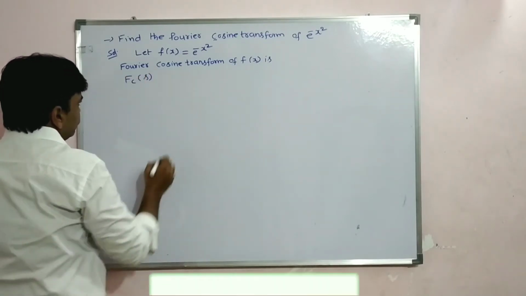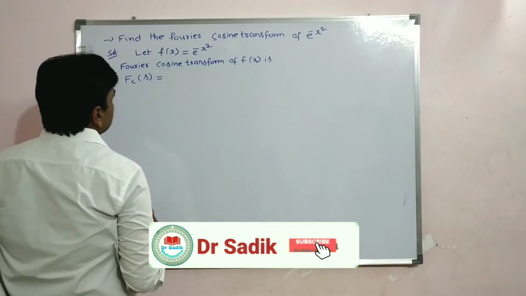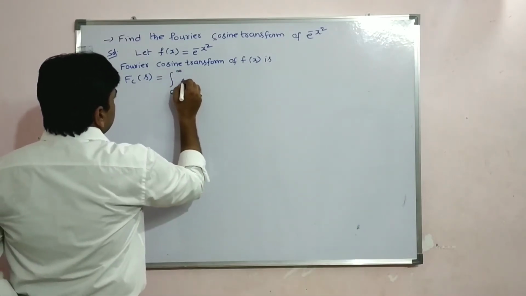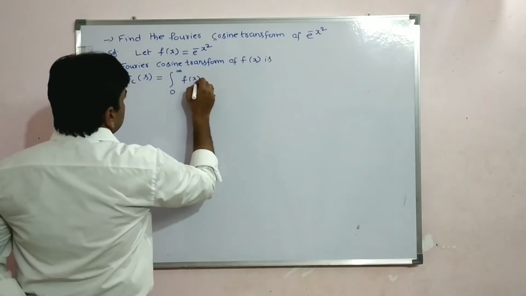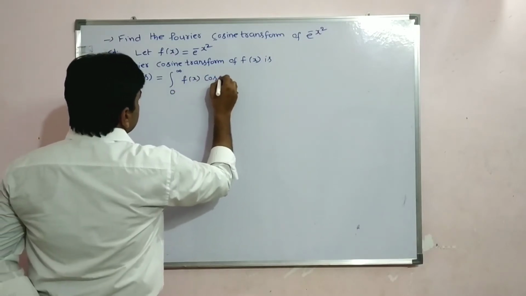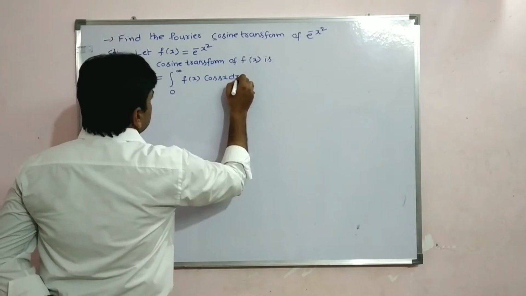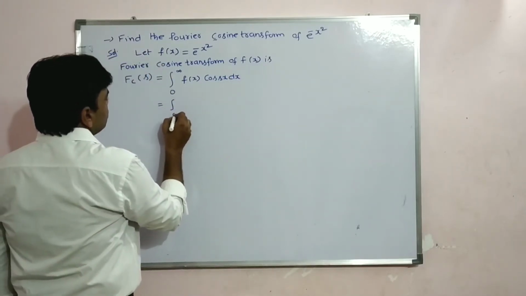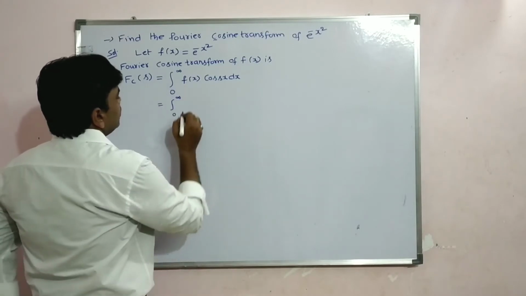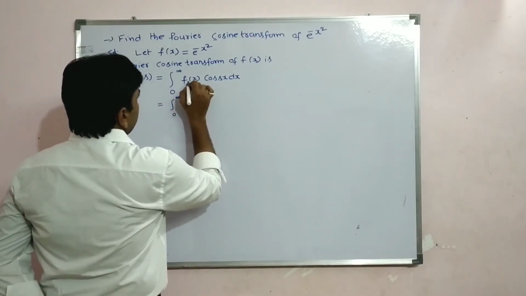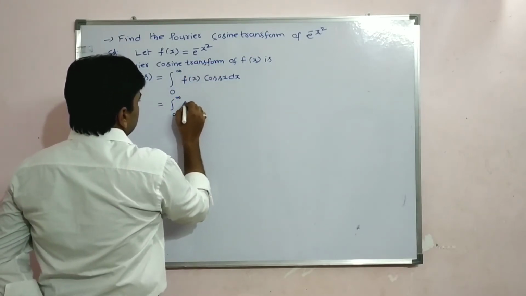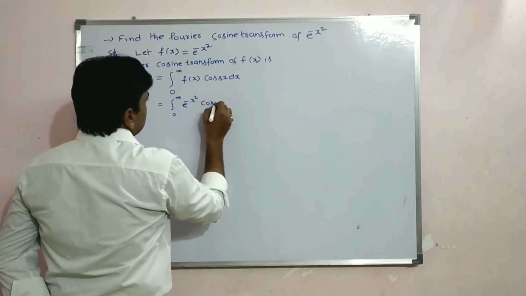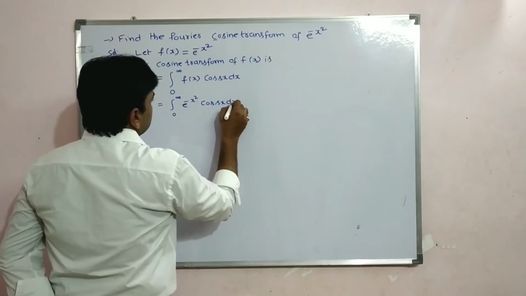Fc of s is equal to the integral from 0 to infinity of f of x cos sx dx, which is equal to the integral from 0 to infinity of e power minus x square into cos sx dx.